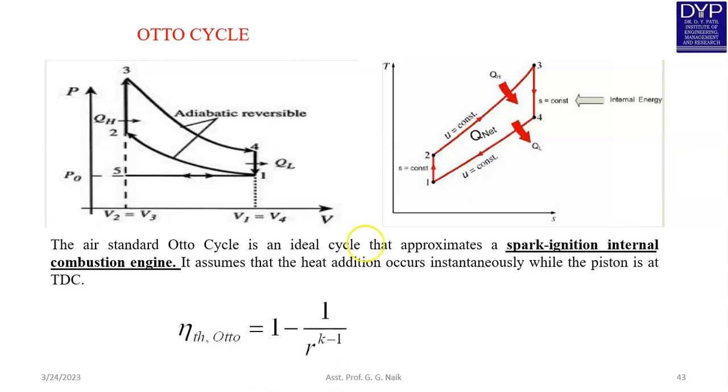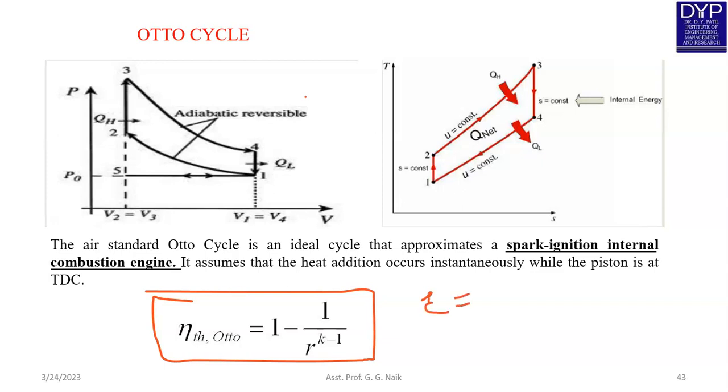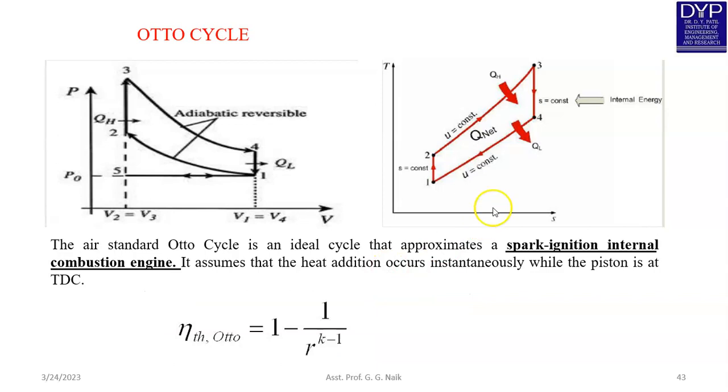By using this formula we can calculate the efficiency of the Otto cycle: 1 minus 1 upon r raised to k minus 1. What is r? r is the compression ratio, and k is the adiabatic index. For air it is taken as 1.4. Where r is the compression ratio, right?